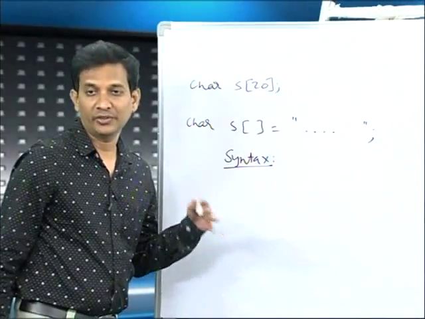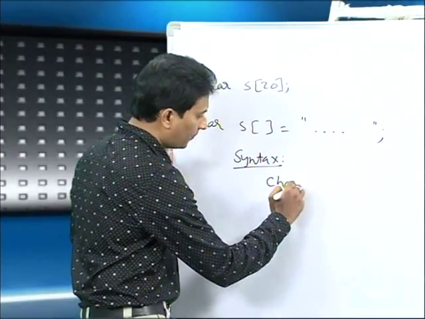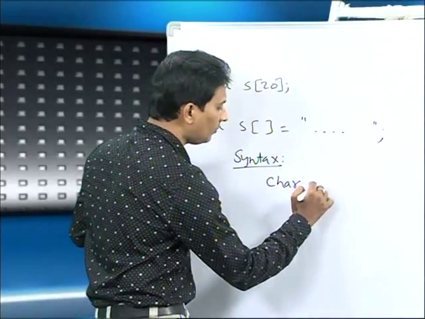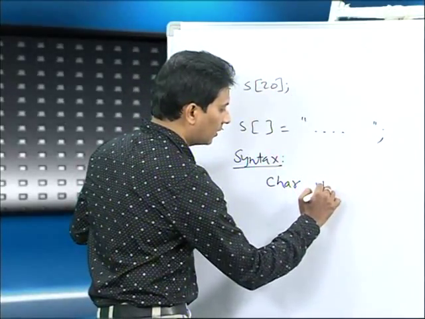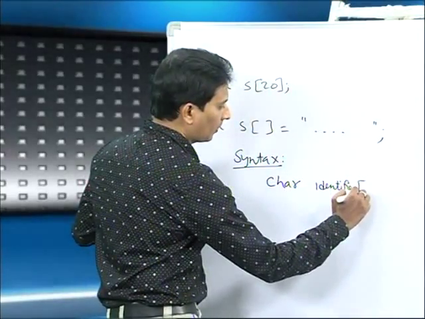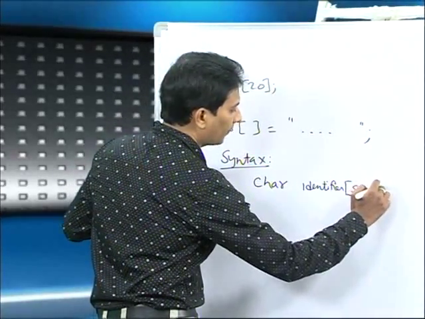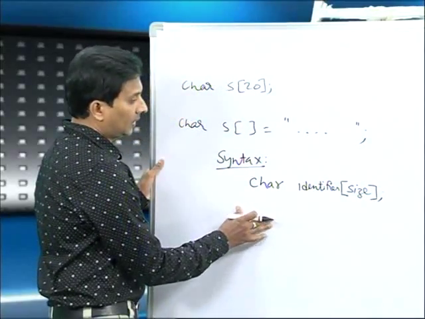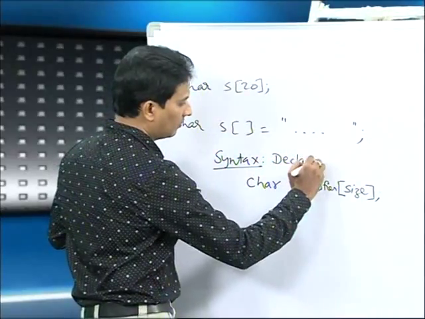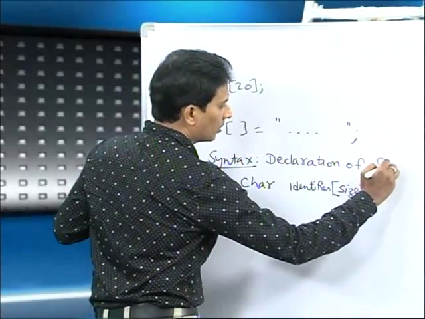Already we are aware of that: a character array, char data type, then any valid C identifier, then square brackets and the size of the array. This is the declaration of strings.